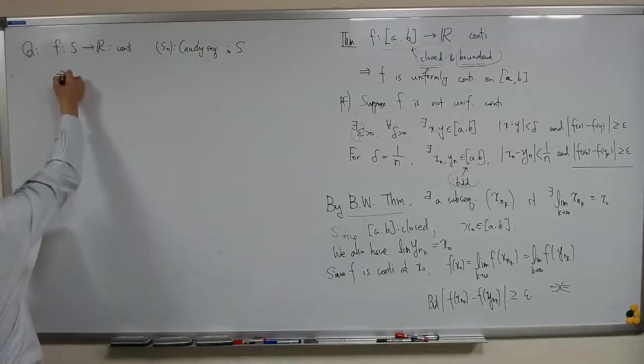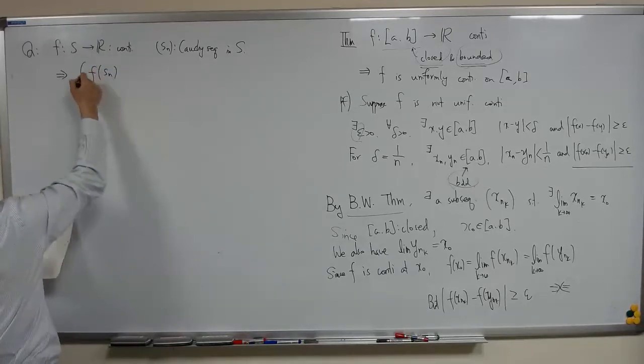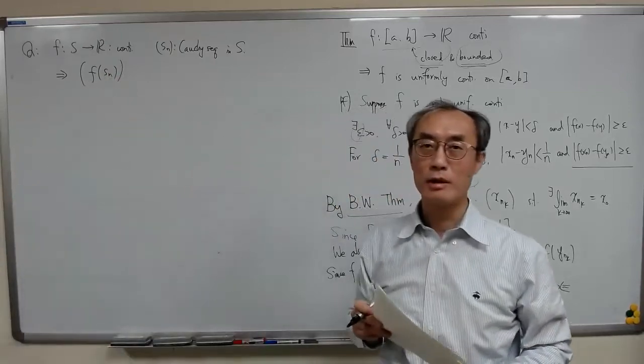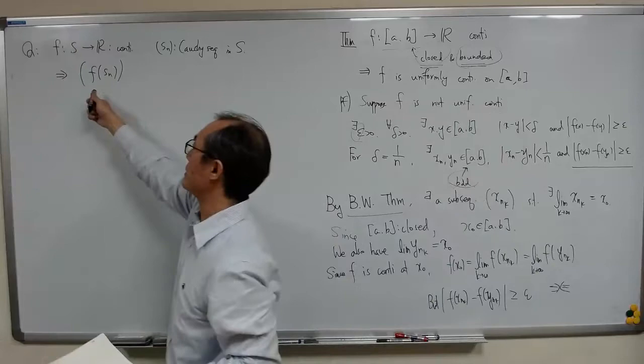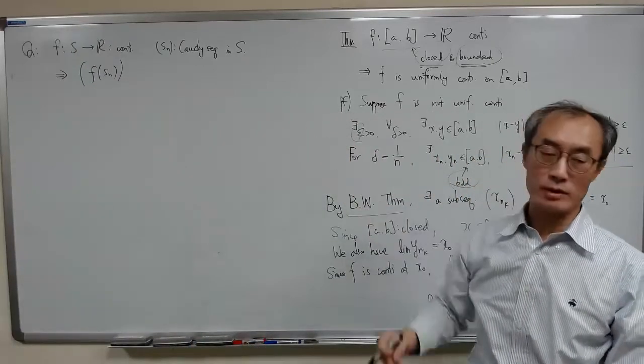Then, if you evaluate function f over this Cauchy sequence, you're going to get a sequence of real numbers.